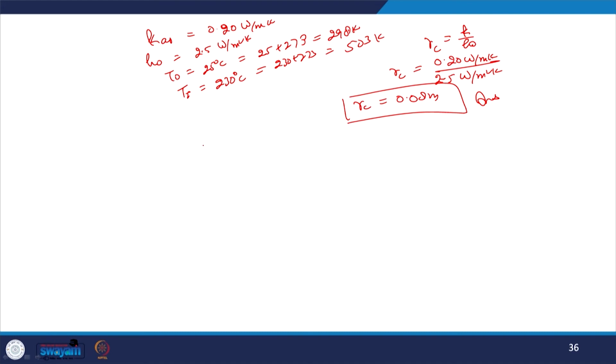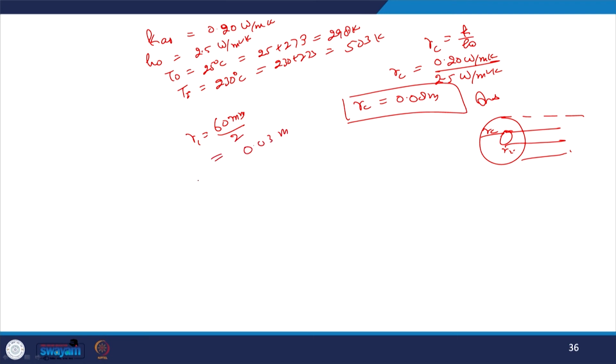Now the radius of the bare cylinder is given as R1 is equal to 60 mm upon 2, and that is equal to 0.03 meter.